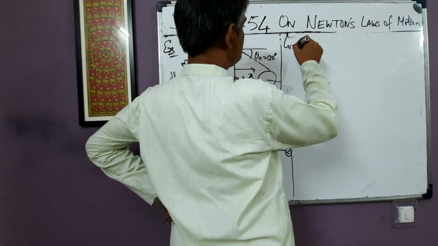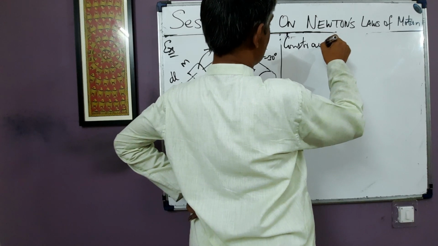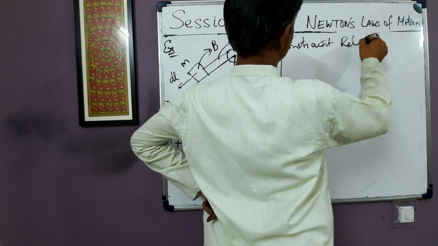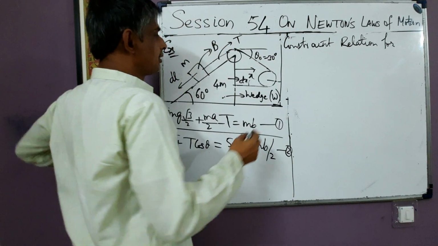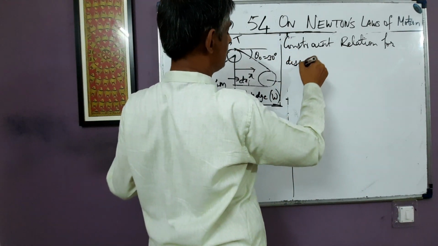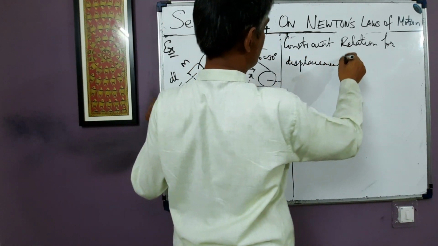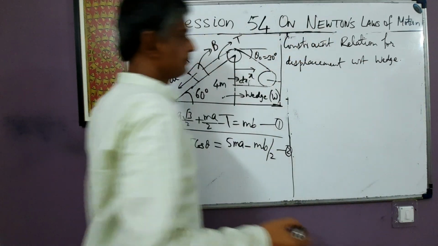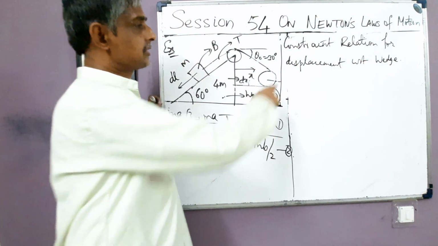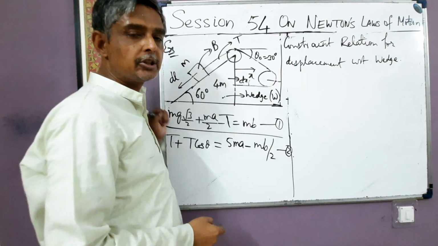So we'll write down the constraint relation for displacement with respect to the wedge, and this constraint relation is a consequence of the fact that the length of the string is constant.